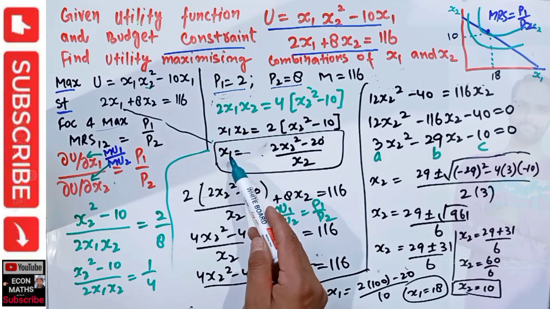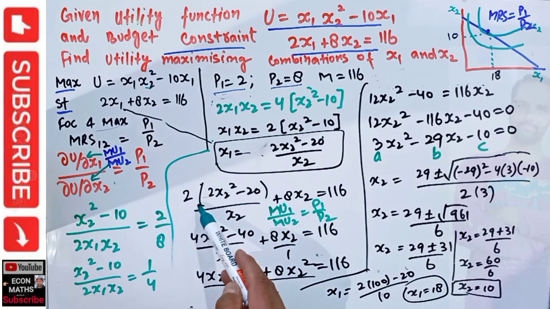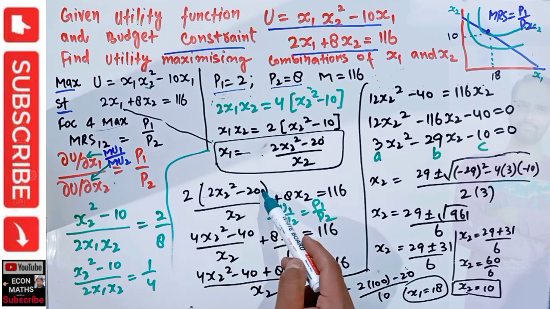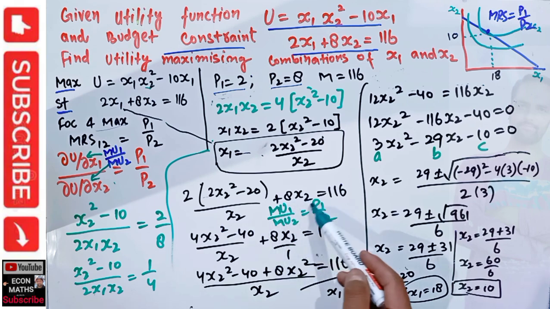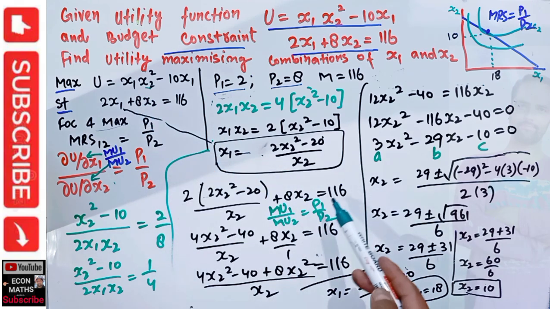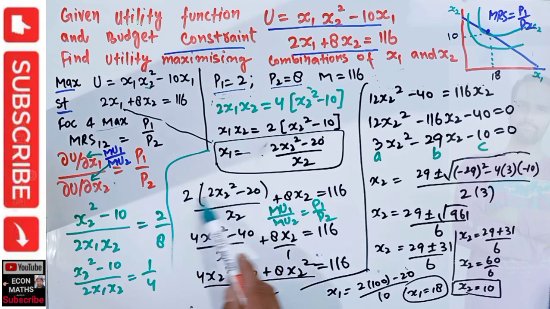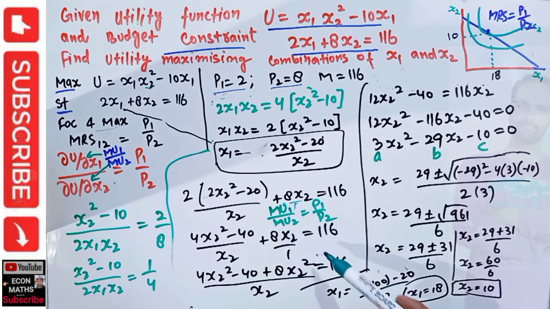After that, we simply plug the value of x1 back into the budget constraint. So we have 2 times (2x2 squared minus 20) divided by x2, plus 8x2, which should be equal to 116. Multiplying the 2 to each of these terms, we have (4x2 squared minus 40) divided by x2 plus 8x2 divided by 1, should be equal to 116.